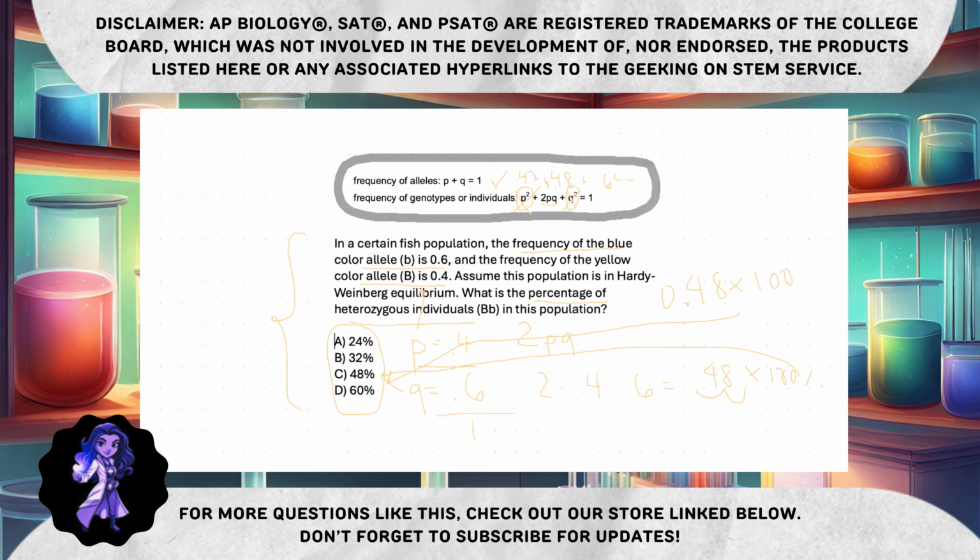And that should give you 1, because it would account for the frequency of genotypes of individuals in that second equation, if you had the time to do that.